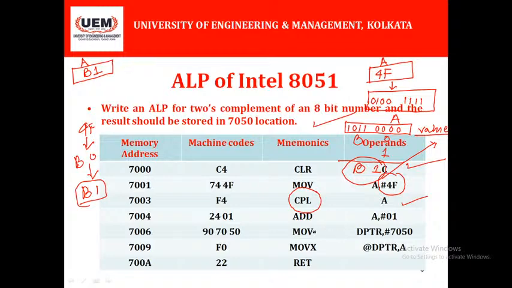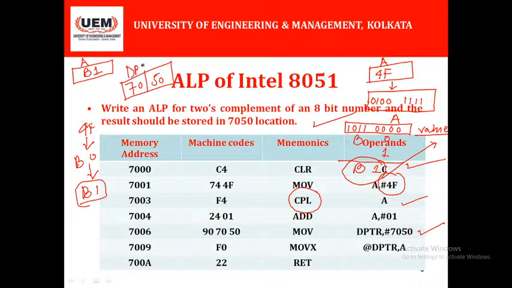Now MOV DPTR, #7050. It indicates that the value 7050, which is a memory address, is going to be stored in the DPTR or data pointer register. So now the data pointer register becomes 7050.